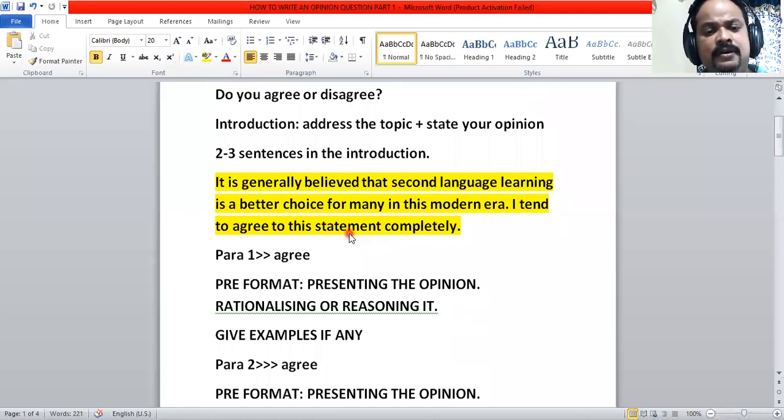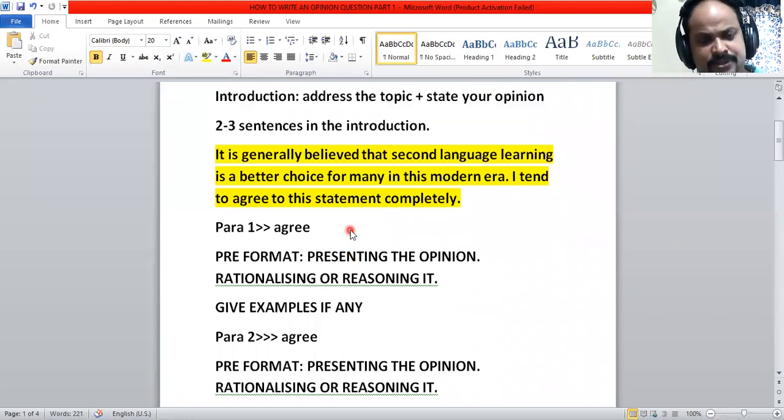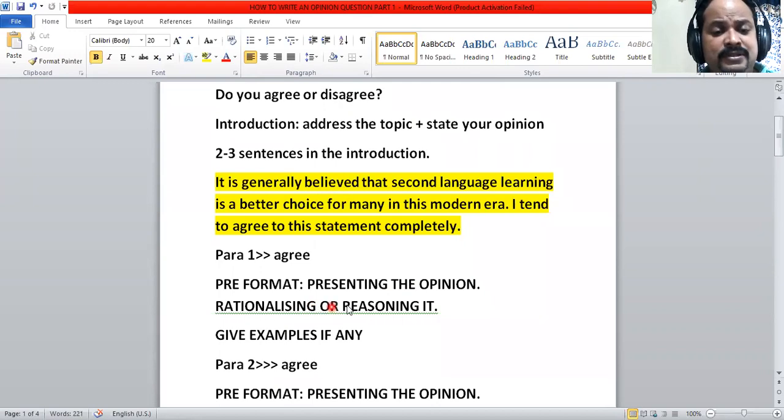Now, first of all, this is the question. I have answered the question like this: I tend to agree to the statement completely, without any argument. I agree. I have presented the opinion in the first sentence.